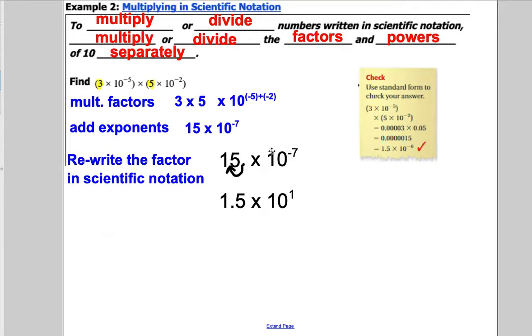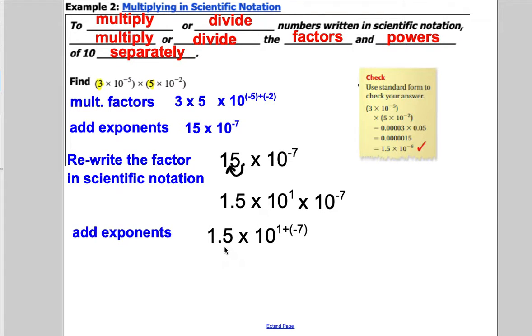I still have this 10 to the -7 hanging out here in my problem. So now I'm going to regroup all of that together. I changed 15 to scientific notation, and I brought along my initial power of 10 from the original problem. Now I need to add my exponents together again.